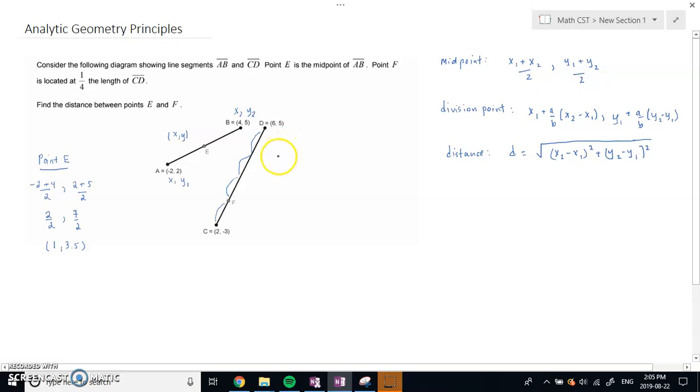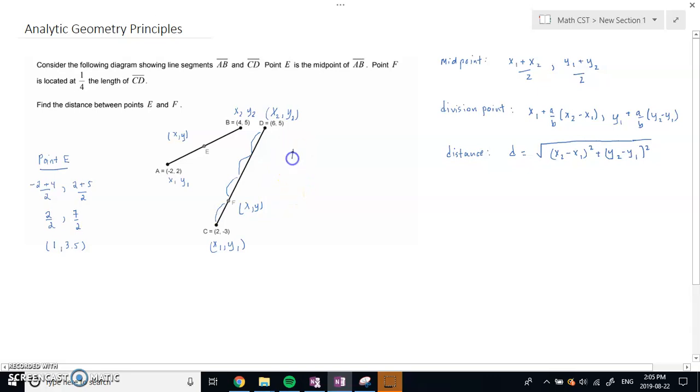So for division point, it's a similar formula where we're looking for an xy coordinate at point F. To do this, I'm going to employ the division point formula. I have to label point C x1, y1, because that's our starting point, and D is x2, y2, because that's our endpoint of segment CD.